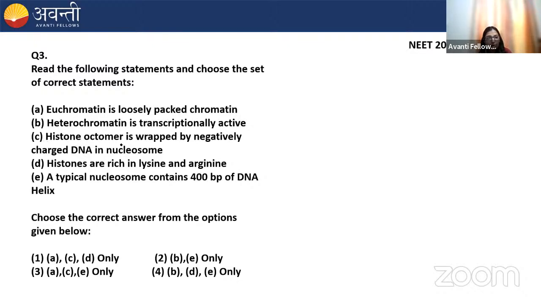C, histone octamer is wrapped by negatively charged DNA in nucleosome. D, histones are rich in lysine and arginine. E, a typical nucleosome contains 400 base pairs of DNA helix. So they're asking to choose the correct statements. Quickly answer what you think will be the correct option for this question.